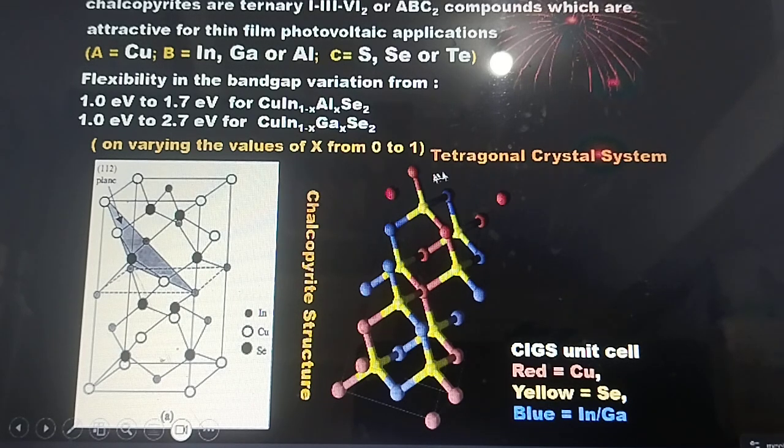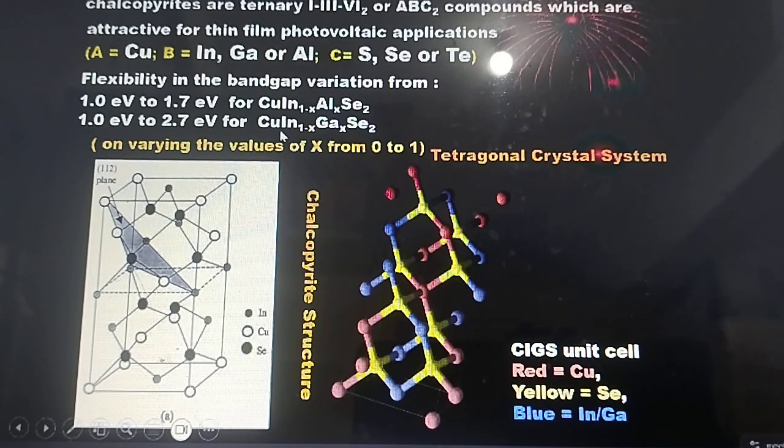So that means using the same structure by making solid solutions with different atoms, you can have band gap flexibility from 1 electron volt to 1.7 electron volt. If I use copper, indium, aluminium, selenide, I have just touched the third group, not touched anything else.